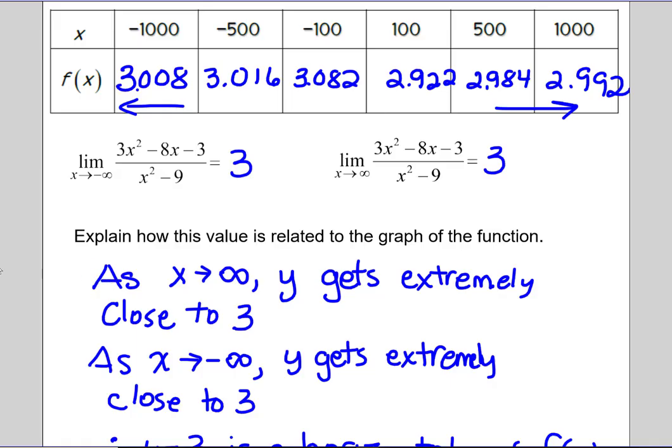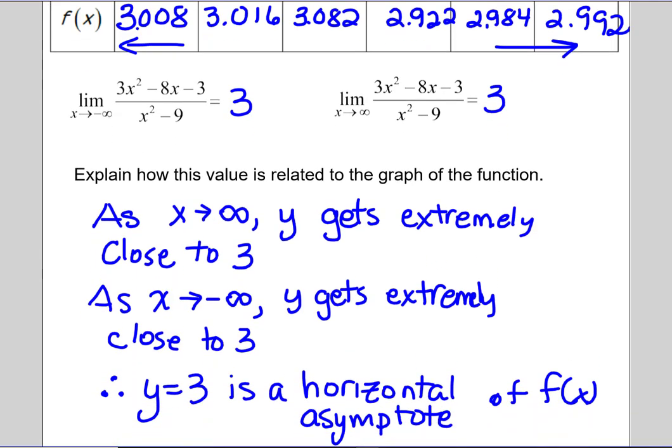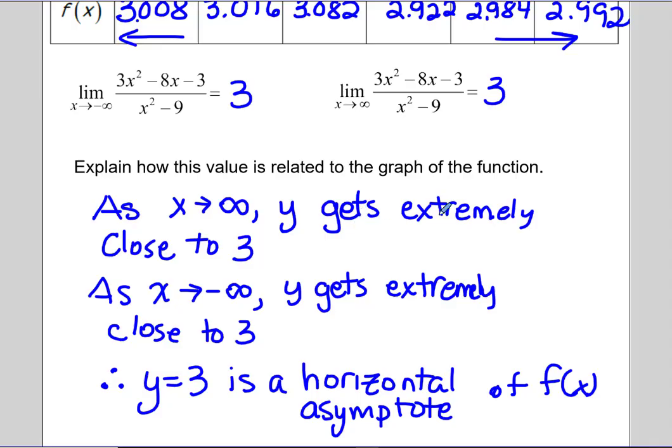We could explain that verbally by saying as x approaches infinity, y gets extremely close to 3, and as x approaches -infinity, y gets extremely close to 3. Therefore, y equals 3 is a horizontal asymptote of our function f of x.